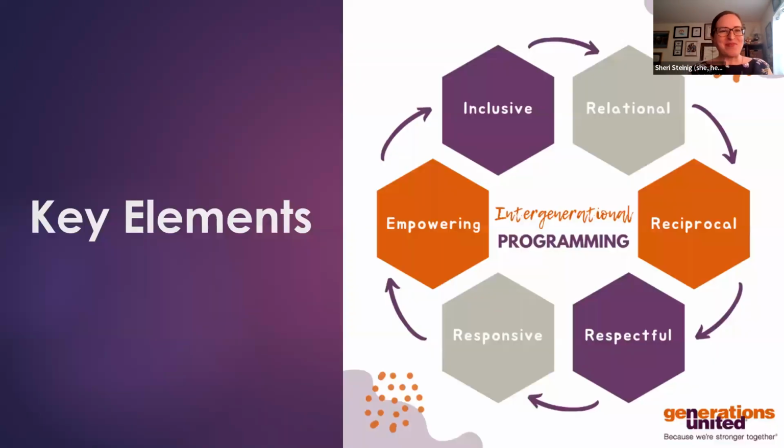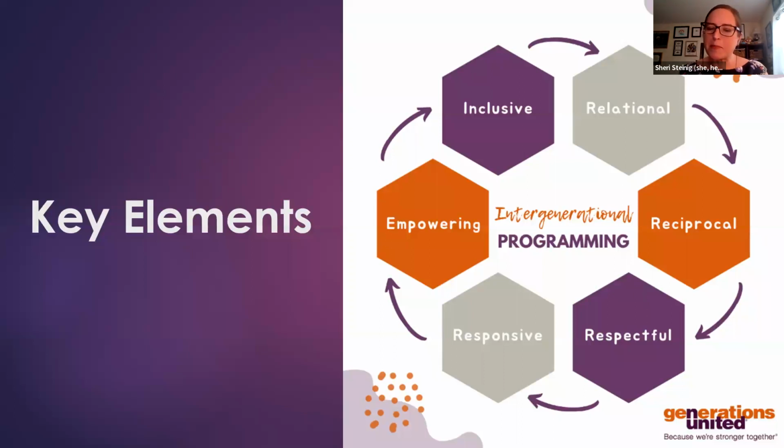The next slide. So there are some common elements among quality intergenerational programs that I wanted to share. First, they're relational, that they focus on building relationships between the generations, and then the activities are simply a vehicle to do so. They're reciprocal. The program design encourages participants of all ages to give, to receive, to teach, and to learn.